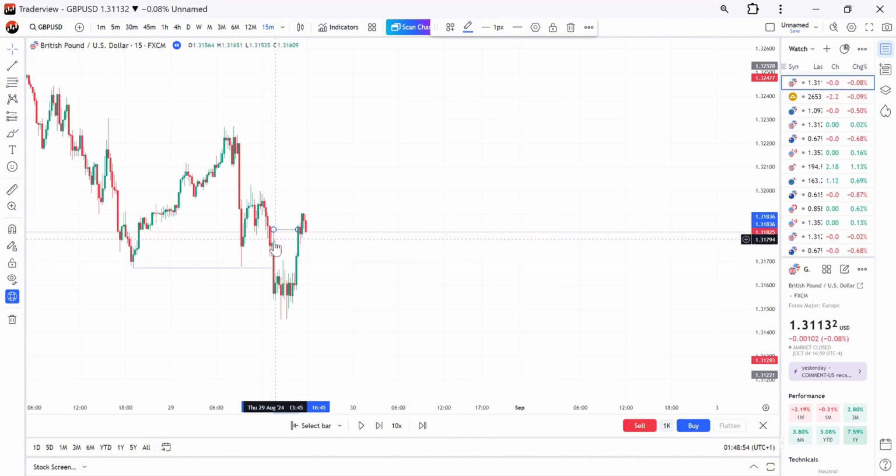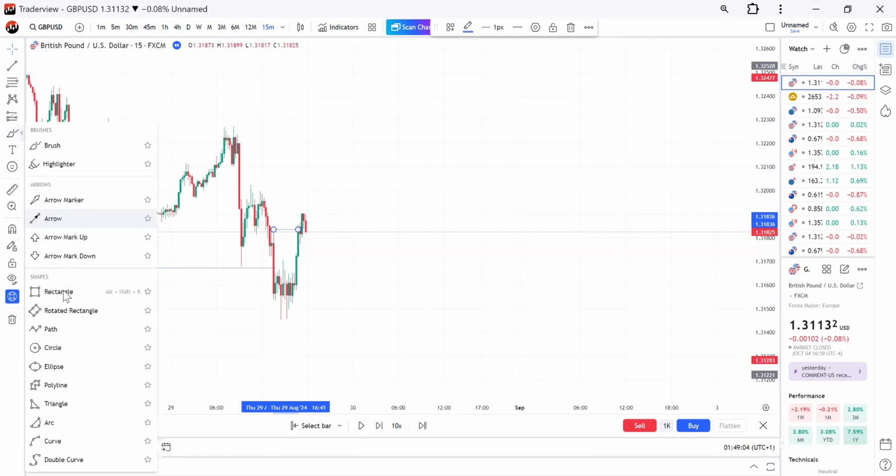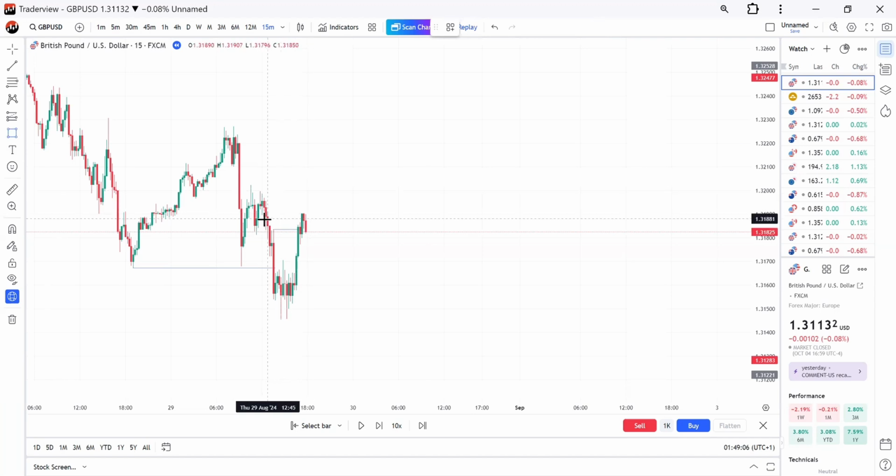So some people are going to put their entry there and stop loss right over it. So we have an order block at the top here. This is a very tricky order block. I can just use this extreme right here as a mitigator, but we can still trade from it.